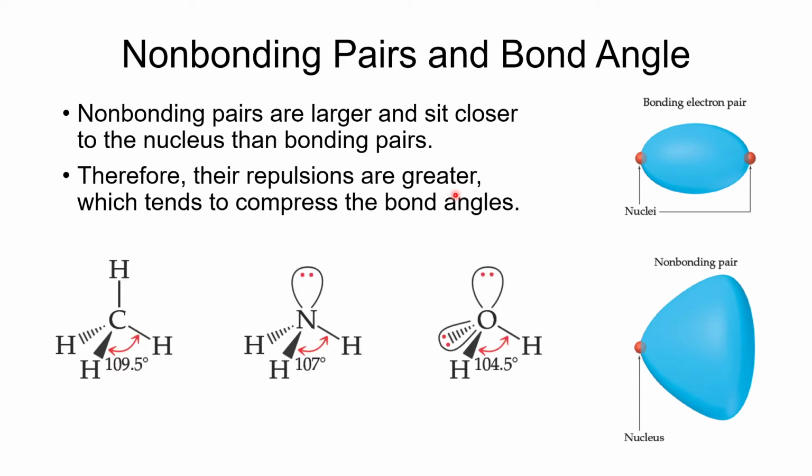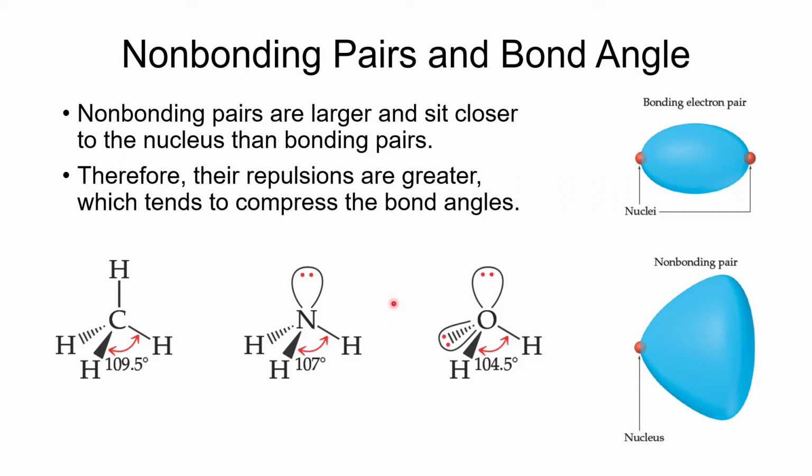Our typical angle for a tetrahedral is 109.5. However, for ammonia with that one lone pair on top, that lone pair pushes harder on the bonds than the bonds push on each other, and it compresses the angles between those bonds down to about 107. For water, the angle gets compressed a little bit more, and it goes all the way down to 104.5.